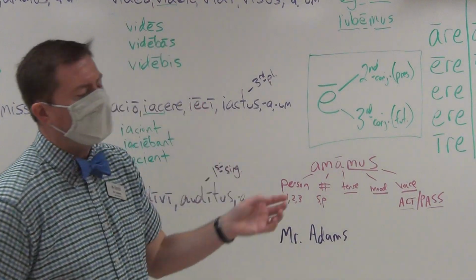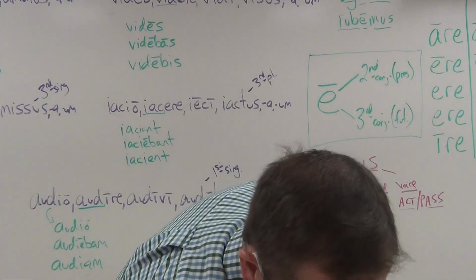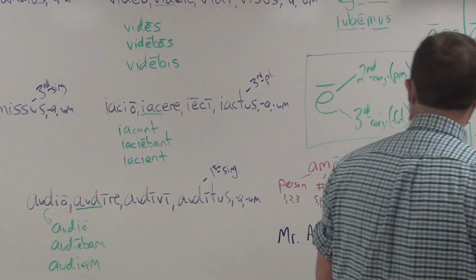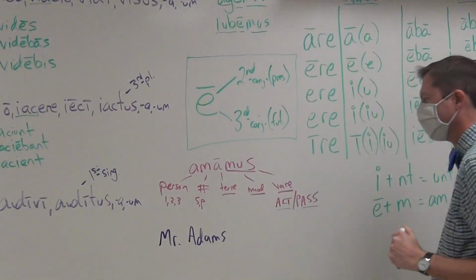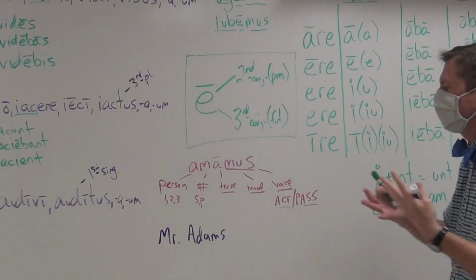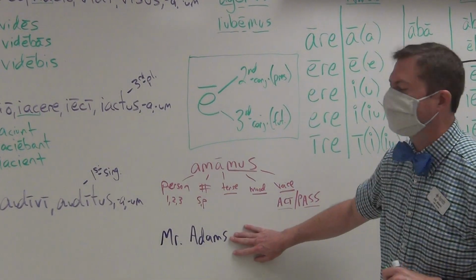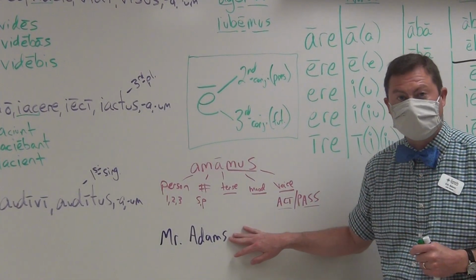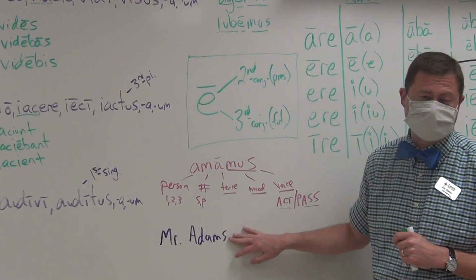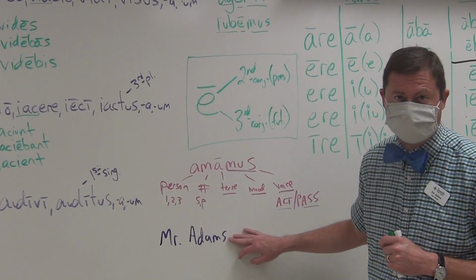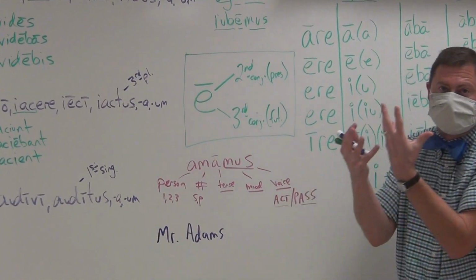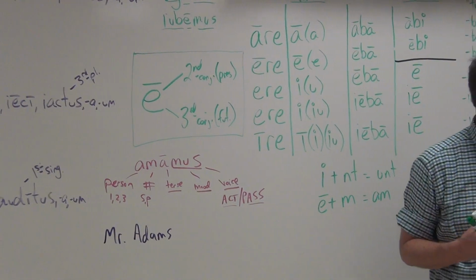Now, how do I know when something in Latin is passive? In other words, the subject does not do the action, but rather the subject is acted upon. Mr. Adams loves the copier. He does the action. But unfortunately, when that copier jams, I cannot say that Mr. Adams is loved passively by the copier.